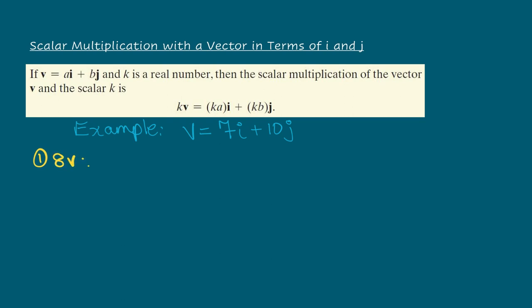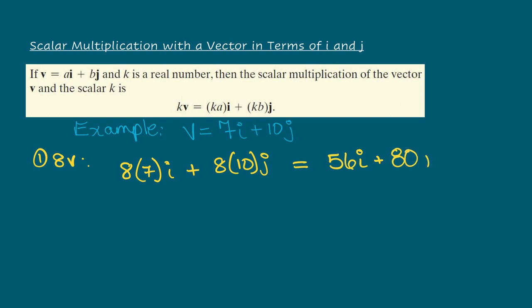If I'm going to do that, I'm going to say 8 times 7 i, and I'm going to say 8 times 10 j, and that's going to give me 56i plus 80j. Gives me a new vector increased by a multiple of 8.